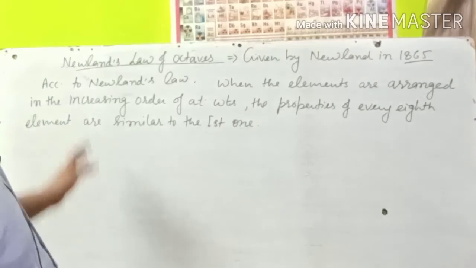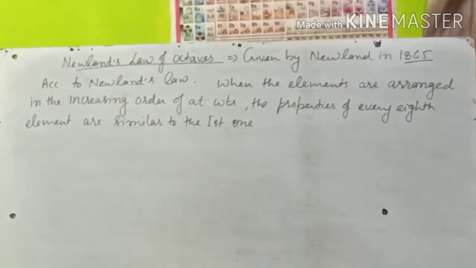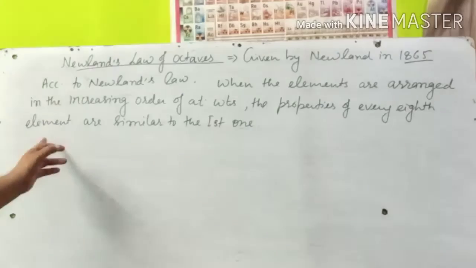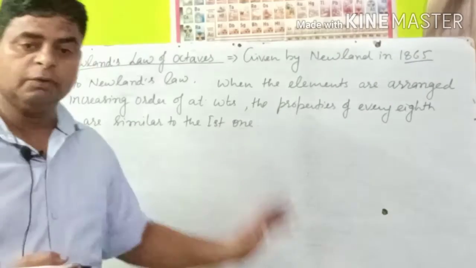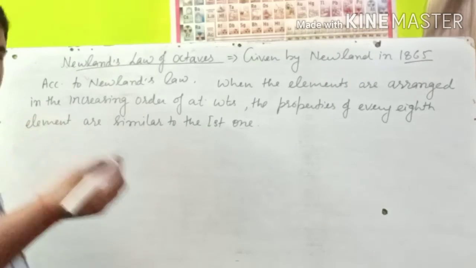This is Newland's law of octaves. According to this law, when the elements are arranged in the increasing order of atomic weights, the properties of every eighth element are similar to the first one. This law is known as law of octaves.